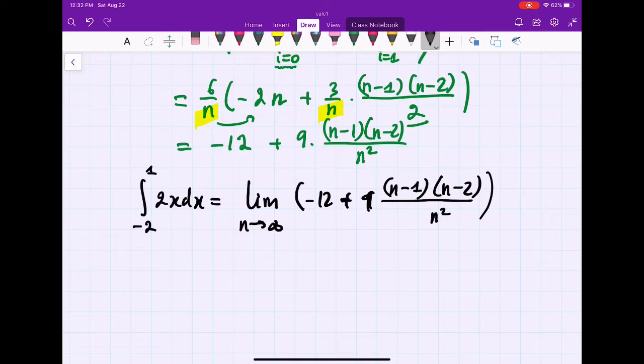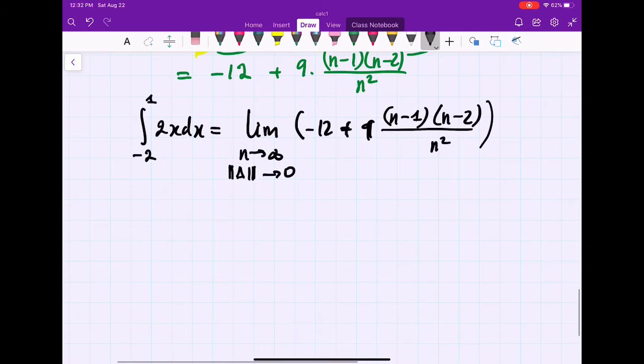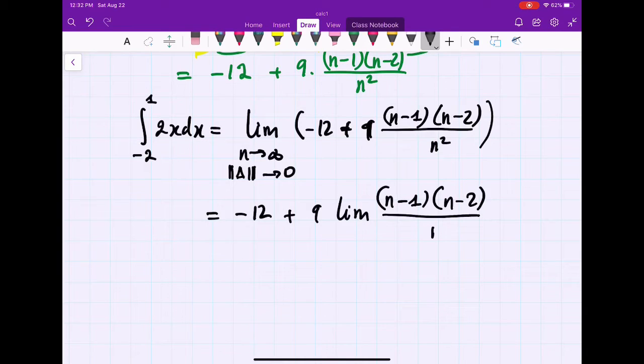Okay, and we just discussed this, right? This condition is equivalent to the case that delta x, the norm of this partition, approaches 0. So that is negative 12 plus 9 times the limit of n minus 1 times n minus 2 over n squared, as n approaches infinity.